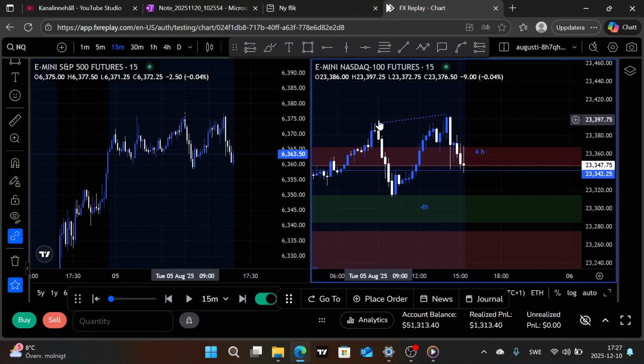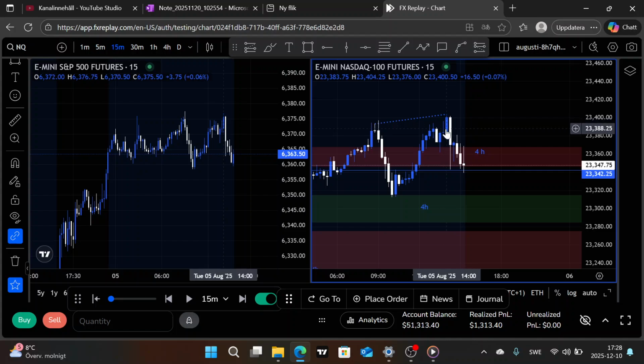We sweep this, although it's an SMT, we sweep this internal high, and also we feel the change in state, and we move lower, and we are kind of inversing this valley gap, but still not clear.